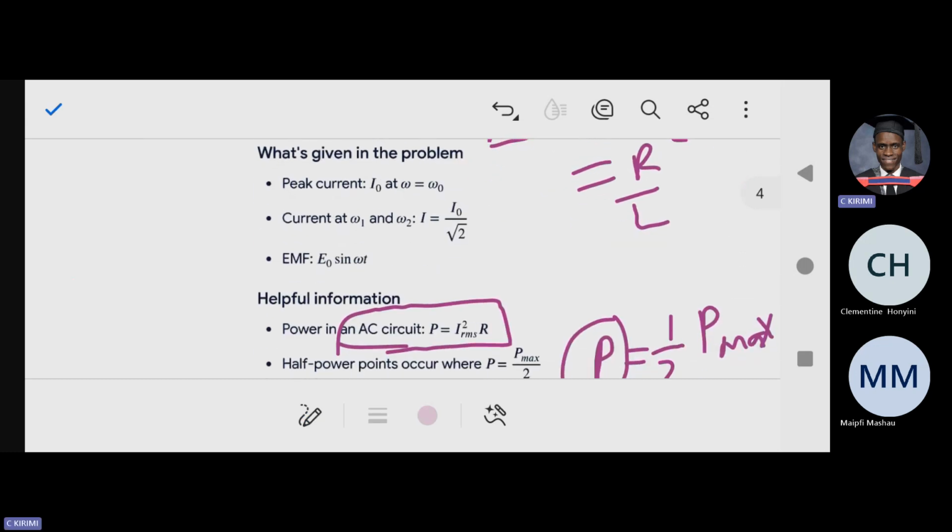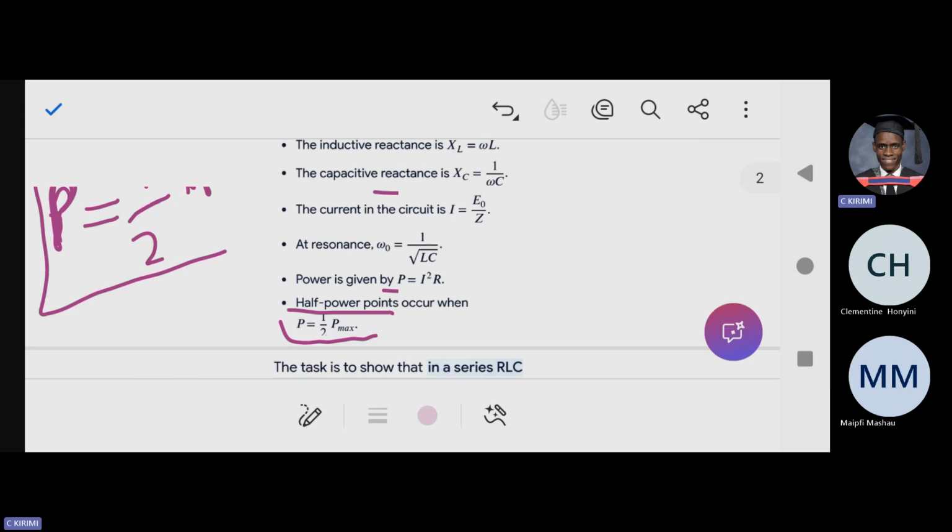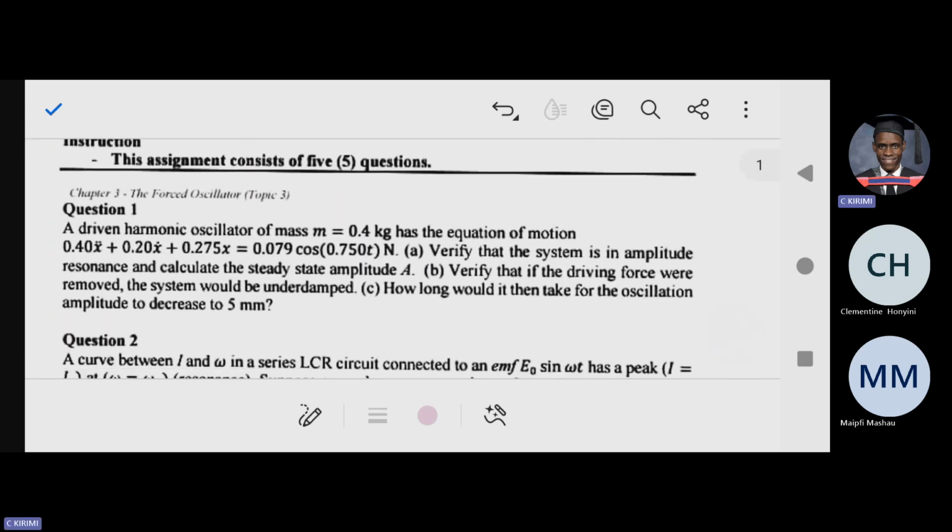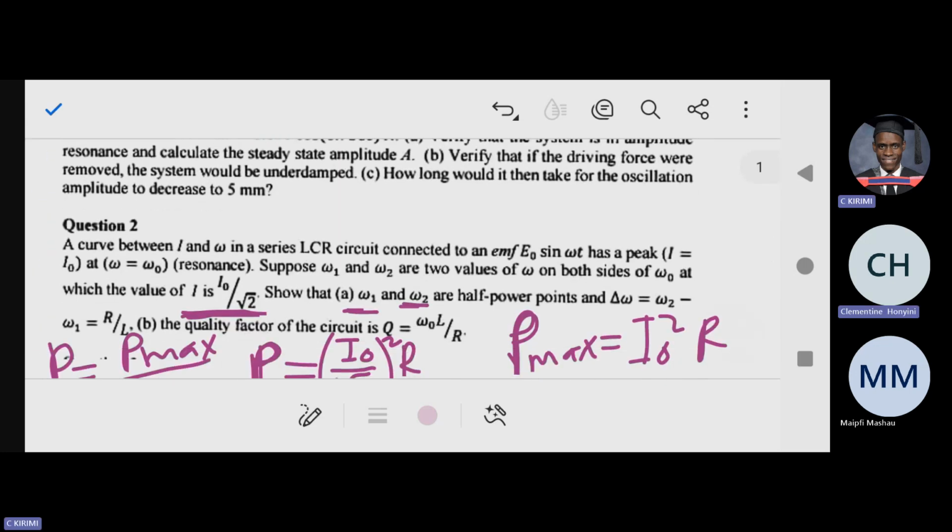But what information are we given? Check the function that we are given for the EMF. Remember, at matric level, your EMF was just voltage. They said the EMF of the circuit is 12 volts.